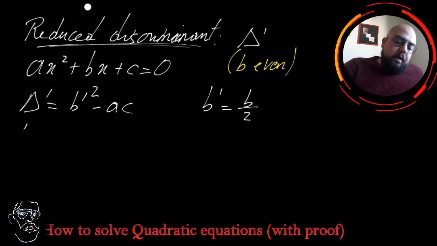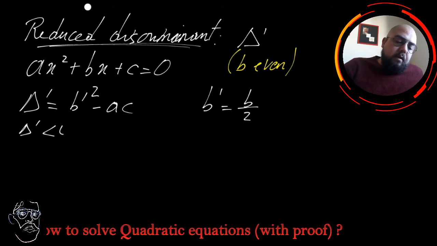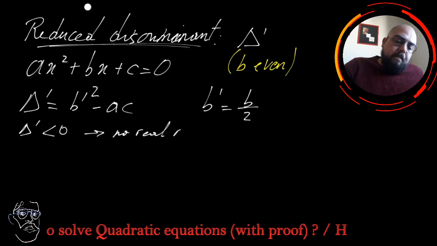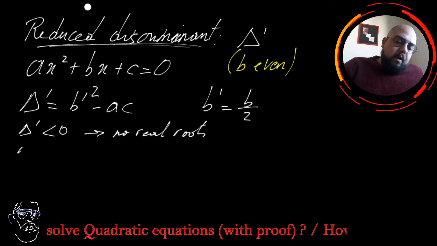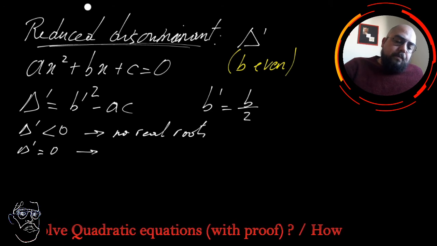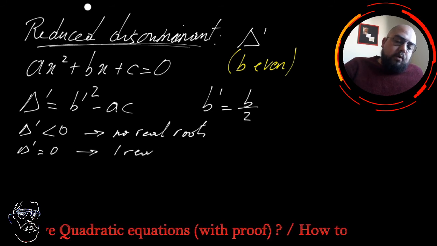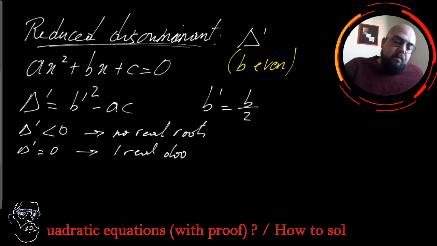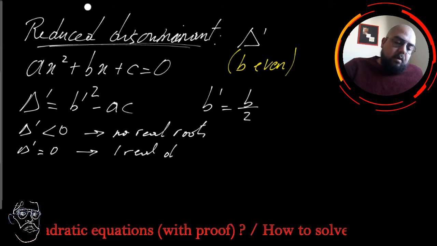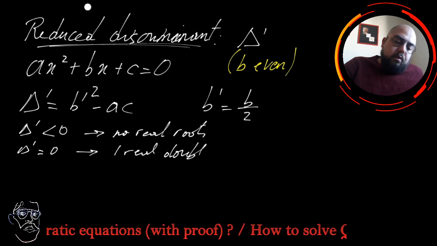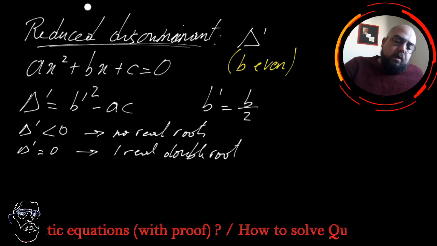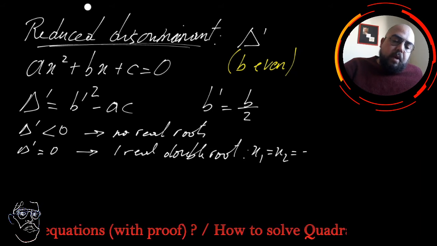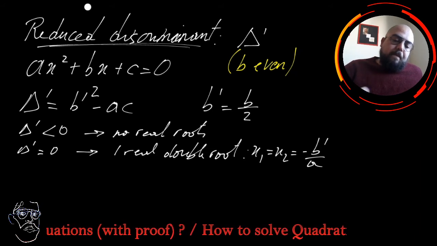So again, delta prime negative, no real roots. Delta prime is equal to 0, one real double root. In this case, you will have x1 is equal to x2 is equal to minus b prime over a.